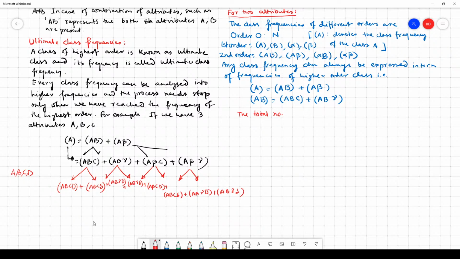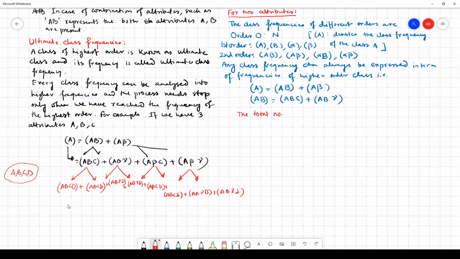So if you have 4 attributes, you can represent a first order frequency of A as a sum of the frequencies of 4th order. Okay, clear?